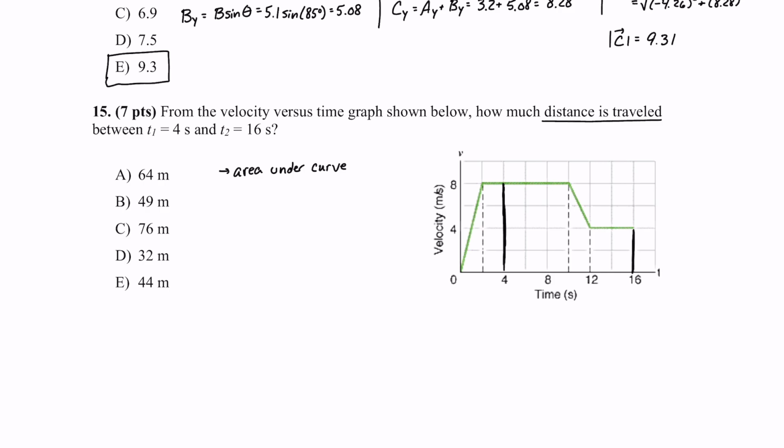The easiest way to do this is to break this up into little rectangles and other shapes. So I see one rectangle here and another rectangle here, along with a right triangle.